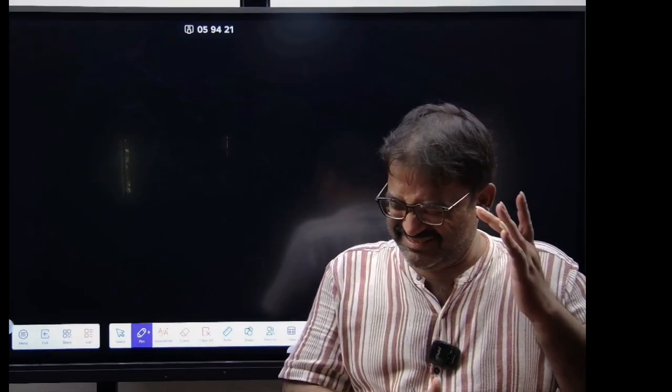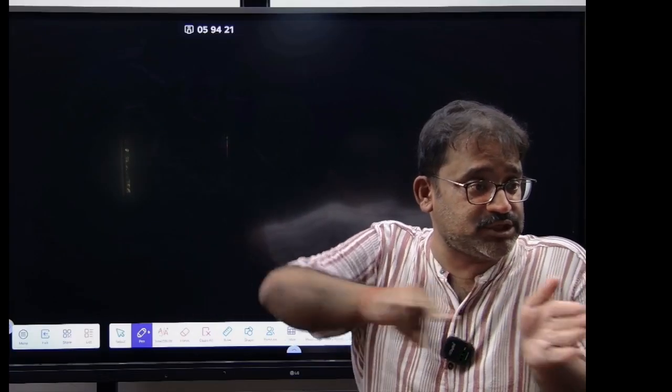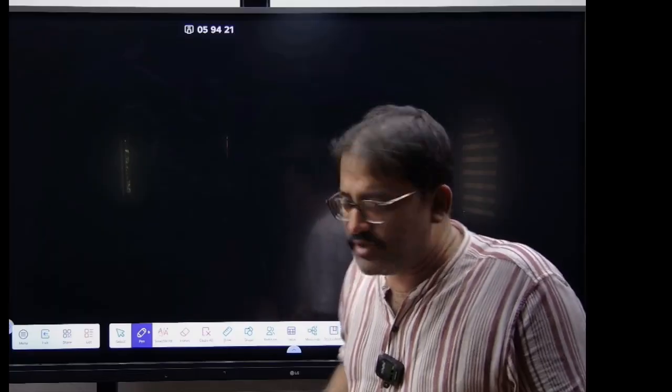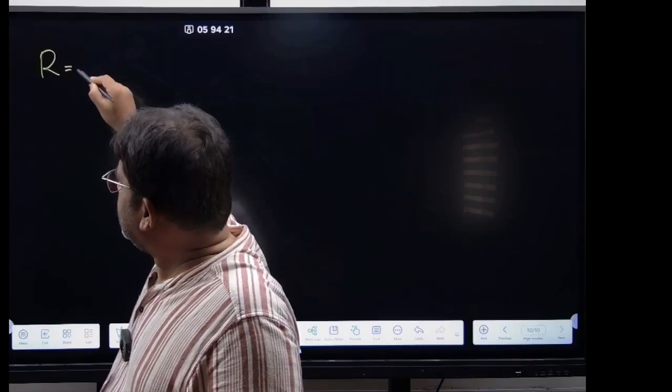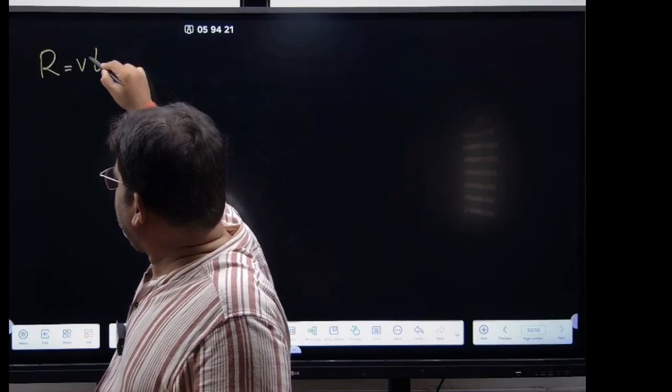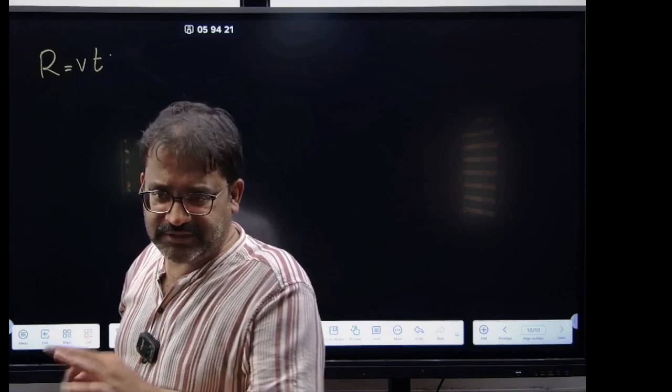Yeah, trajectory of a projectile is a parabola. Okay, but what is the maximum horizontal distance? It is called range. Okay, what is it called, Puta? Range. Very good. So range is equal to velocity into time it requires to reach there.